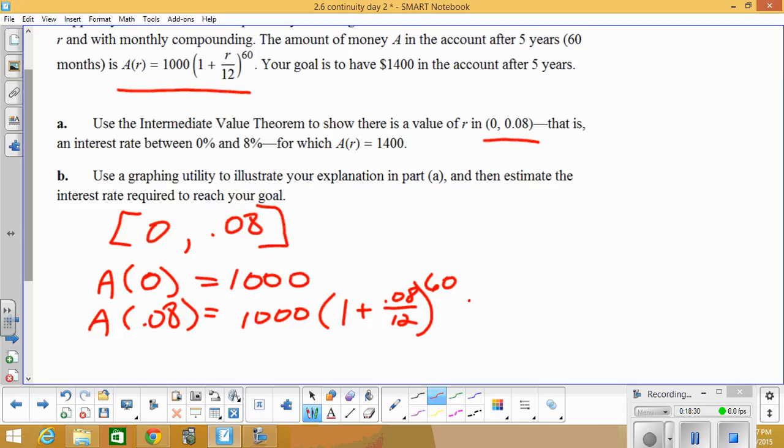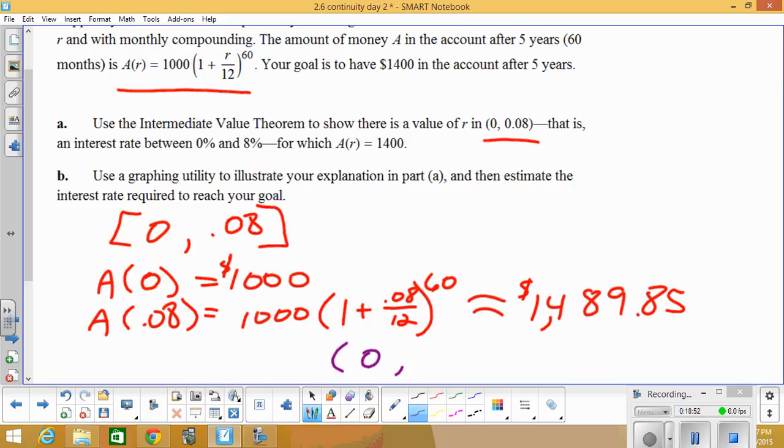And that one ends up being about 1489.85. So this is the amount of money that I have for my endpoints. And then by the intermediate value theorem, there's definitely going to be some interest rate in between on this open interval, from 0 to 0.08. There will be some rate at which in 5 years I will make at least $1,400.